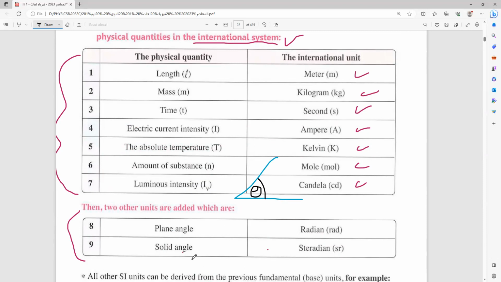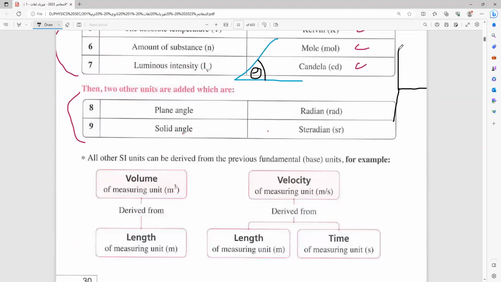What about solid angle? Solid angle is measured by a unit called steradian or sr. It has 3 dimensions, an angle in 3D, X, Y, and Z.